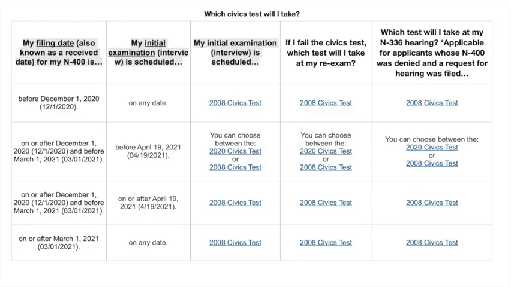So this is the table from the USCIS website, which will help you understand which civics test you will take. In this table, you can find which scenario applies to you based on your filing and initial examination dates. And the filing date here is also known as the receipt date, which you can find on your N400 notice at the top left corner of the letter.